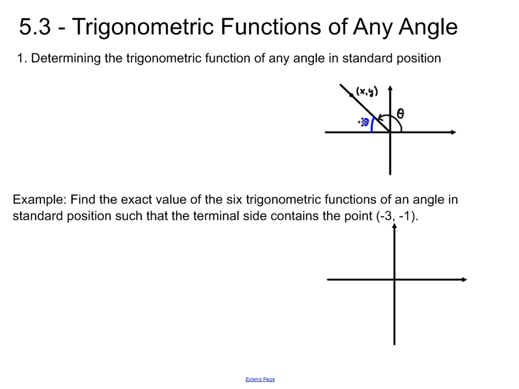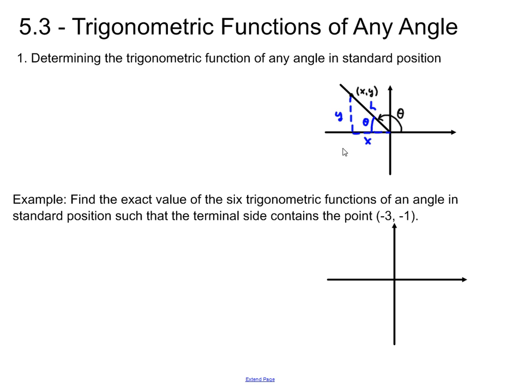As long as we know what our x and y value is, as long as we have some idea of where this angle actually terminates, we can treat this as a right triangle in the plane with an x side, which is our adjacent, a y side, which is our opposite side, and of course a hypotenuse.